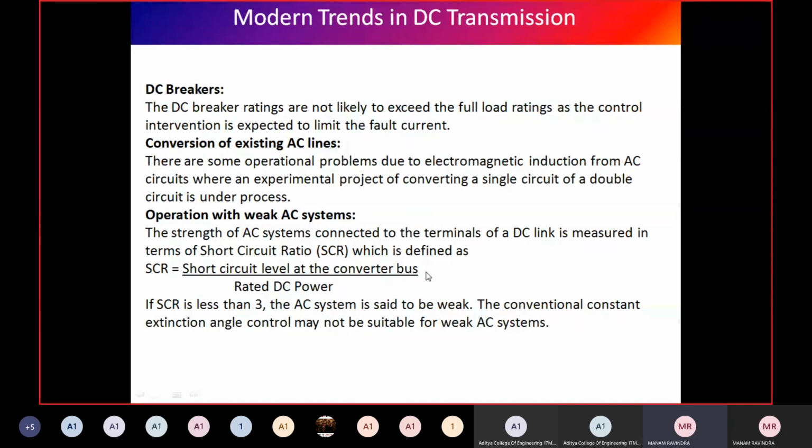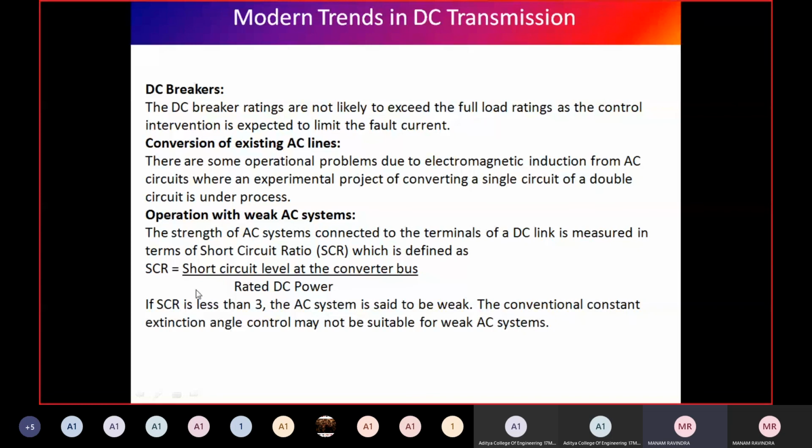That means to find out the strength of the AC system, the generator connected to the rectifier, before the rectification process, we have to know whether we need to provide reactive power compensation or not.